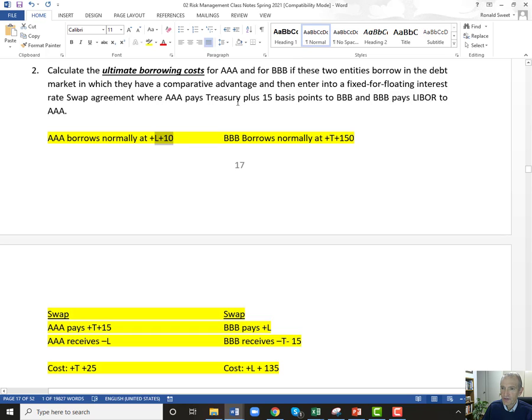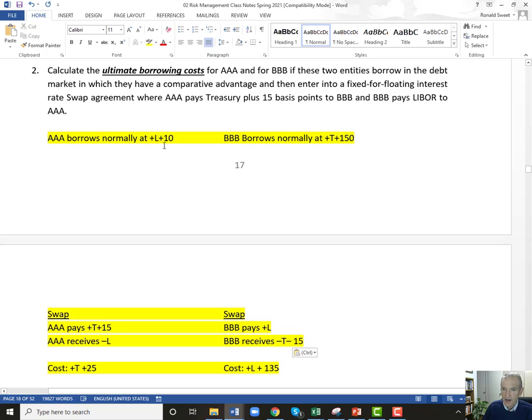And then they're going to enter into a swap where AAA pays Treasuries plus 15. They pay T plus 15 to BBB, and BBB pays LIBOR. So AAA receives LIBOR. BBB pays LIBOR, receives T plus 15.